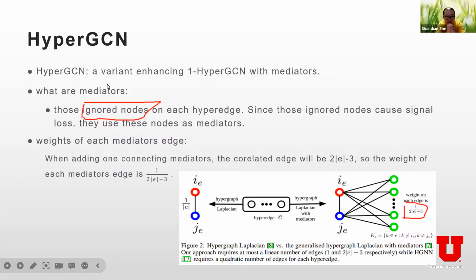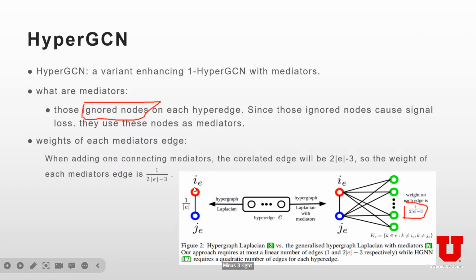But what are their weights? Oh, so the weights for the IE and JE will be just 1 over size E. And the weights on the edges connecting a pair of mediator node and say IE and JE is 1 over 2 size E minus 3, right?